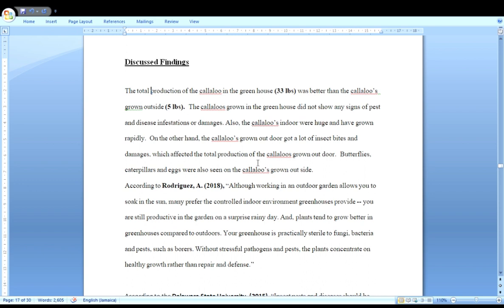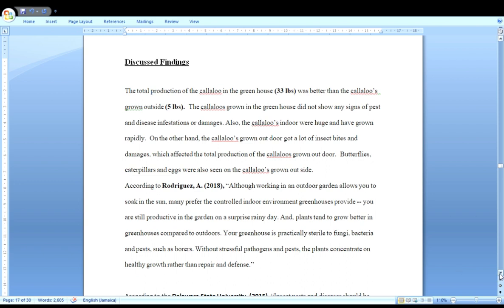You're discussing your findings from the investigation that was done, right? You did not start to make any comparison with the literature, any other literature as yet. So you're giving your reason why the callaloos grown outdoor had a smaller amount compared to those grown in the greenhouse, alright? Butterflies, caterpillars, and eggs were also seen on the callaloos grown outside.